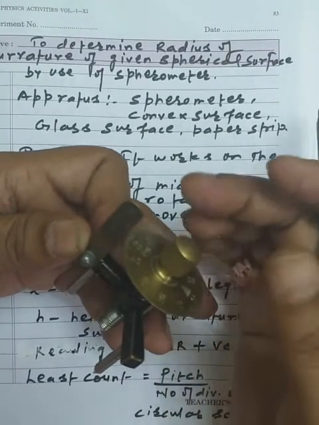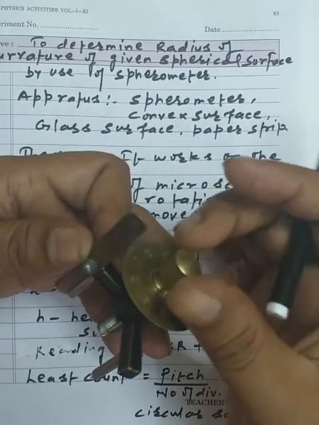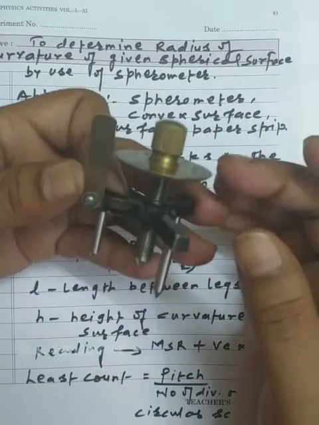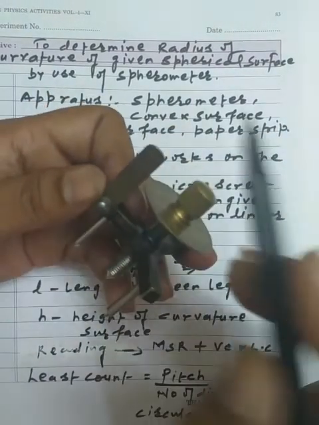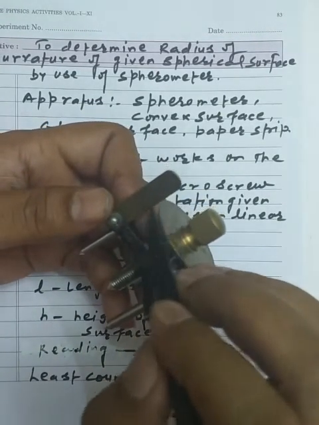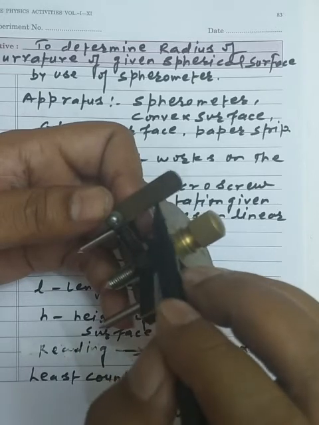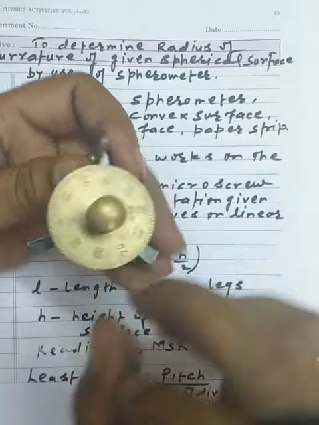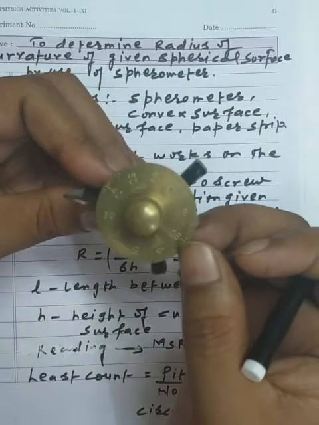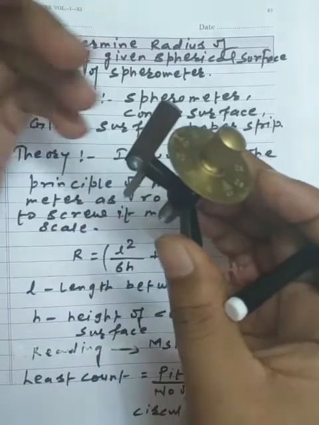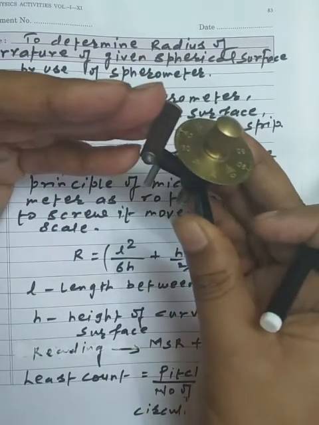Whenever I rotate clockwise or anti-clockwise, I have noted that 5 rotations cover a distance on the main scale of 5 mm. There are 100 divisions given on the circular scale. We are making a small comparison of this device with the screw gauge.